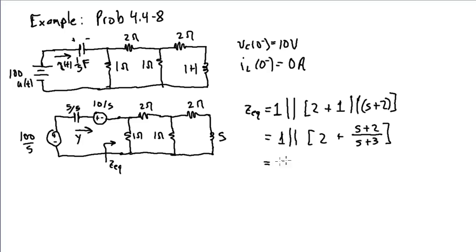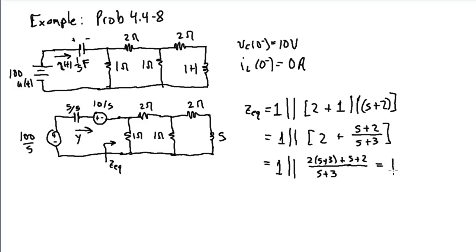Okay. And now I'll combine these over a common denominator. Here the common denominator would be s plus 3, and then I'll have 2 times s plus 3 plus s plus 2.